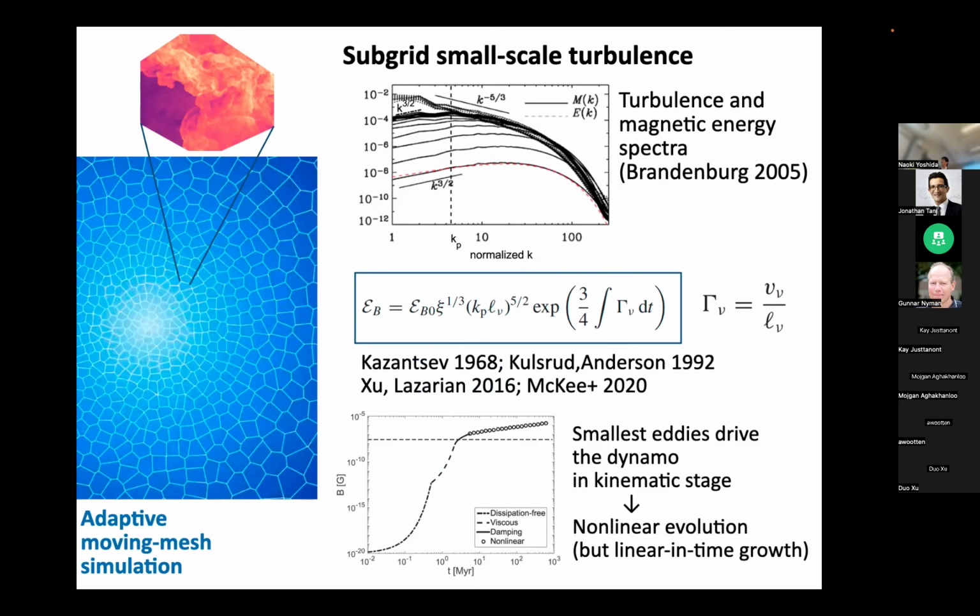So the essence is, for a given power spectrum or turbulent structure, the small-scale dynamo begins from the smaller scales and eventually converts these kinetic motions to the magnetic field energies. And the energy increase rate is given by this, by characteristic length scale and velocity, like circular motions of the smallest eddies, and it's literally exponential.